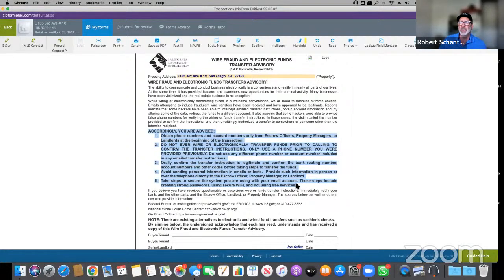It's really mostly about the security as well. So please start setting up all your stuff for your real estate business with your KW email address rather than a personal email address, okay? And this wire fraud advisory basically gives the 5 steps that a person needs to do.